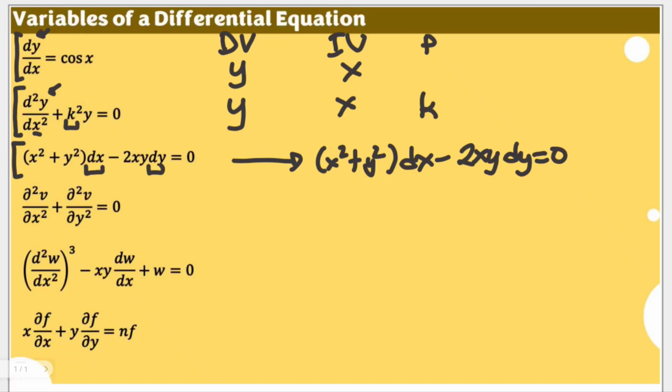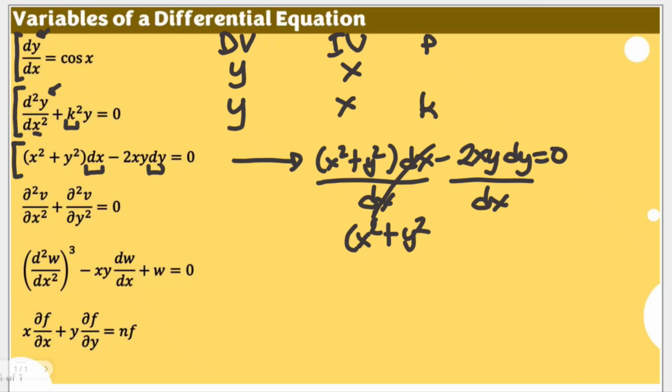Let us try to divide all terms here by dx. If we divide this by dx, of course that will be cancelled out. You will have your dx here, and of course 0 divided by dx on our right-hand side will be equal to 0. Hence, this is equal to the expression x squared plus y squared minus 2xy times the derivative of y with respect to x, equal to 0.